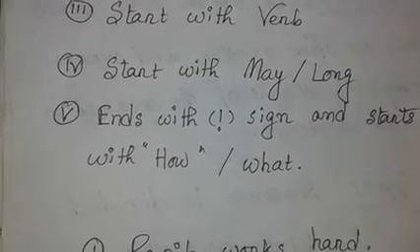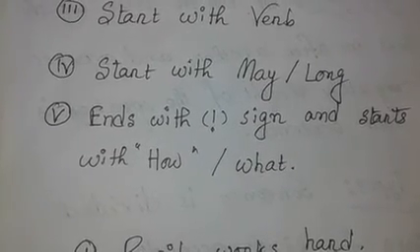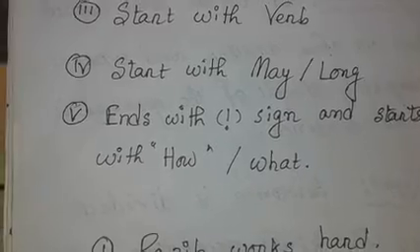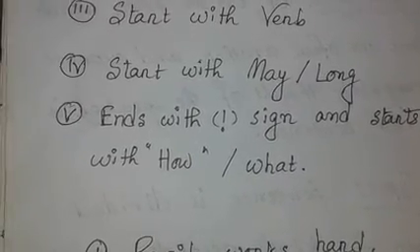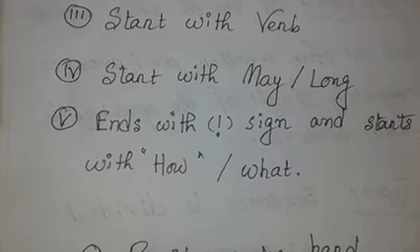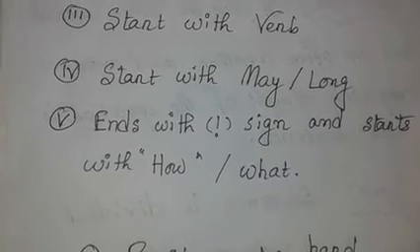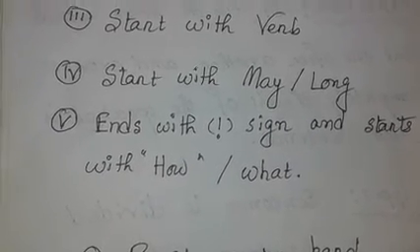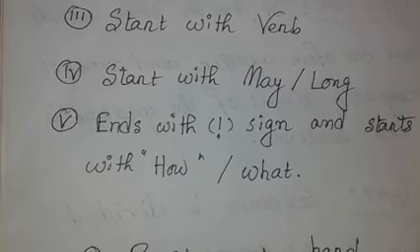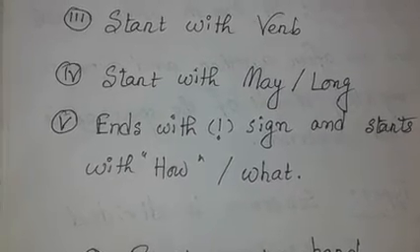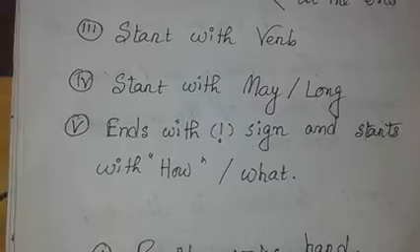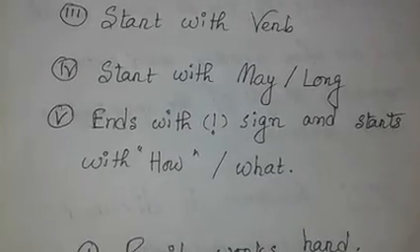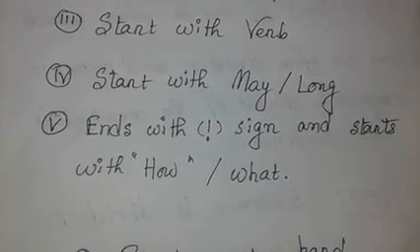So this is an expression of happiness. If I say how ugly you are, the speaker here is becoming sorrowful, looking at him. So the expression of sorrow and happiness becomes an exclamatory sentence.